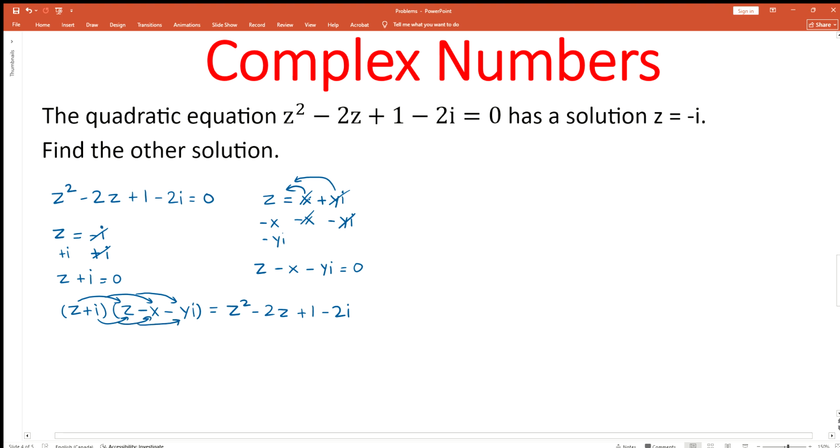z times z is z squared. z times negative x is negative xz. z times negative yi is negative yzi. i times z is zi. i times negative x is negative xi. i times negative yi is negative yi squared.